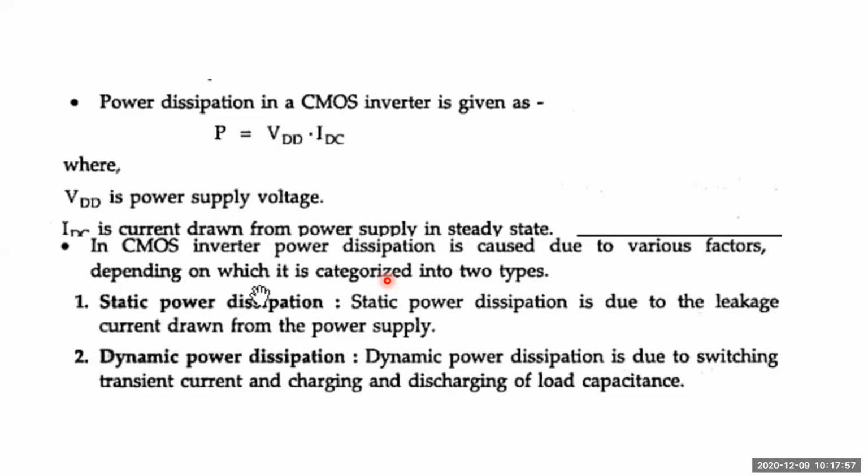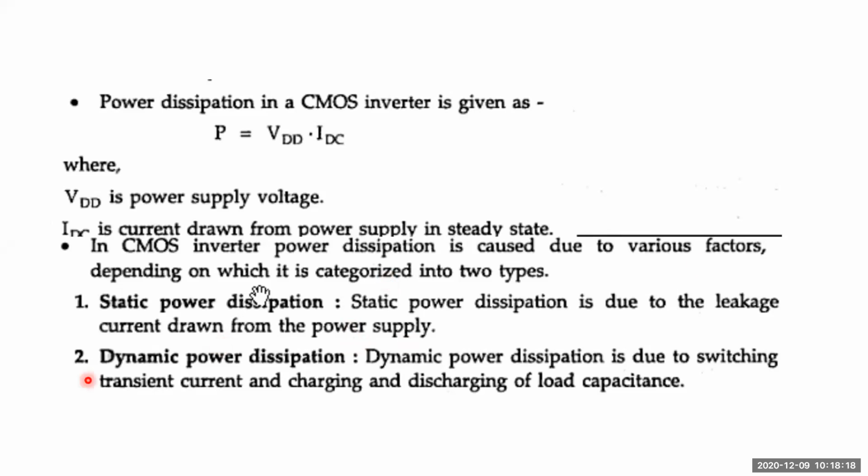Static means immovable, like a power dissipation which takes place whenever the system is static. Static power dissipation is mainly due to the leakage current drawn from the power supply.